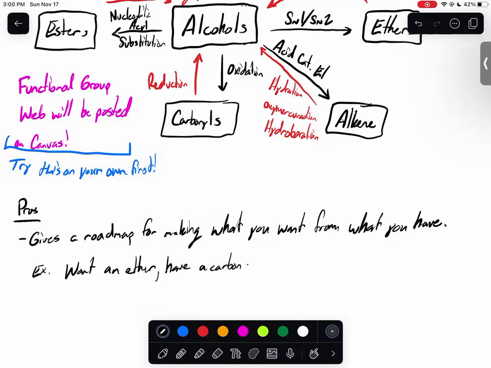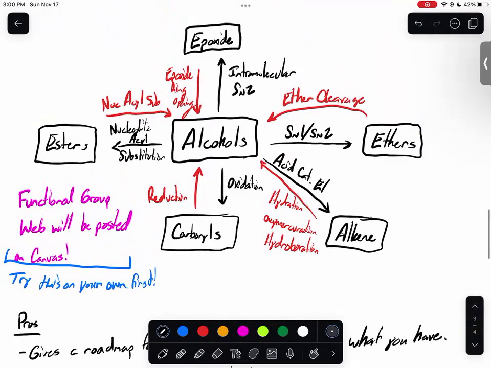Well, how do you get there? Based on our map, we first do a reduction, because that's going to take our carbonyl to the alcohol, and then we follow that up with an SN1 or SN2 to get to our ether. So this map gives you a roadmap: if I want to get to an alcohol, I just have to reduce it, and then to the ether, I can do an SN1 or SN2.